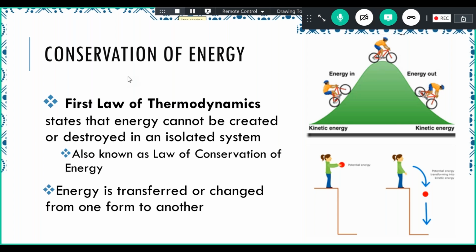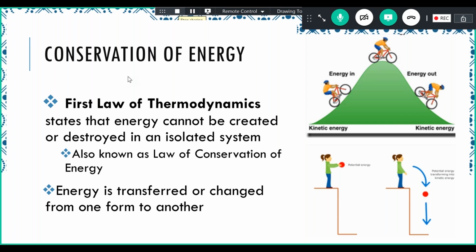In a different scenario, we have this ball that is being held by a girl at the top of a cliff, and it has some amount of stored energy or potential energy. But once the ball is released, the stored energy is converted into kinetic energy because the ball is gaining more motion.